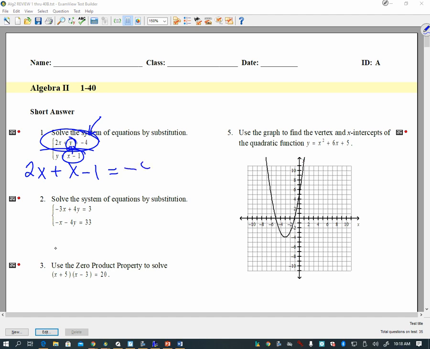-4. Okay. Now what this does is it puts my entire equation in terms of x. So I can solve for x now, right? Okay, help me solve for x. 2x plus x minus 1.